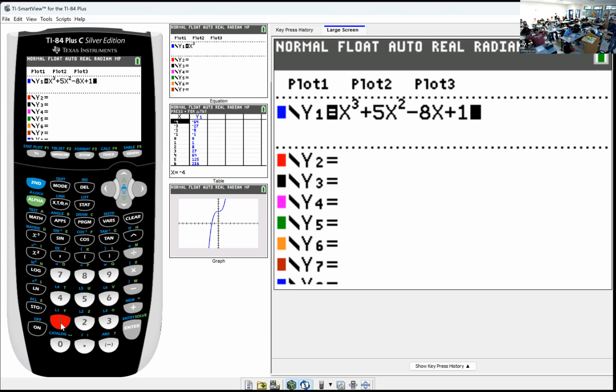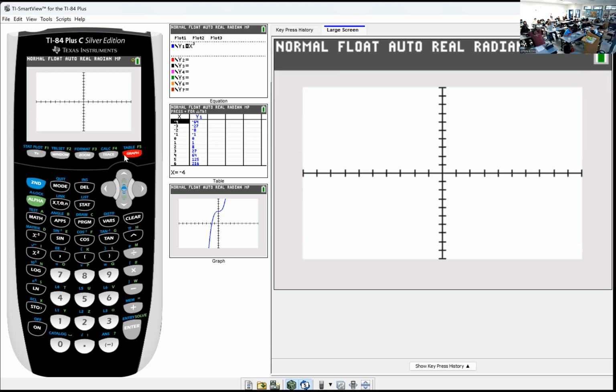Make sure I got that right. X cubed plus 5x squared minus 8x plus 1. That looks good. If I were to graph this as some sort of cubic function, it kind of goes off the screen, but we see one dip there, so that's good enough for what we want to do.